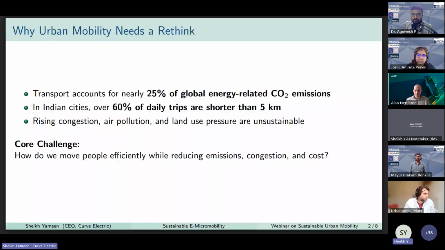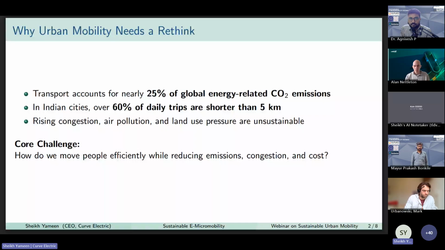Also, we have to understand that the logic behind developing vehicles was to make sure that humans move from point A to point B in the most convenient manner. But somewhere along the line, we have made sure that we use 1400, 1500 kgs of a box to transport a 70 kg person from point A to point B in the most inefficient manner possible, using an ICE that is just 35% efficient.